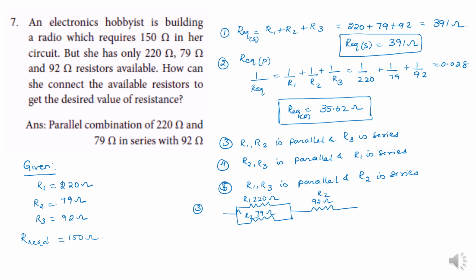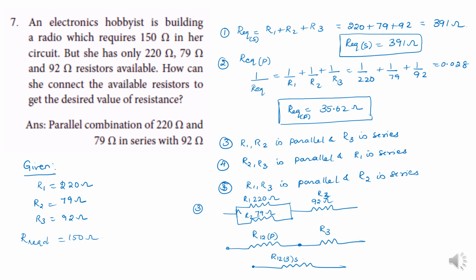So I'm going to find an equivalent resistance. This is R12 parallel, this is R3. Then I'm going to find an equivalent resistance where R12, 3 are in series, okay.